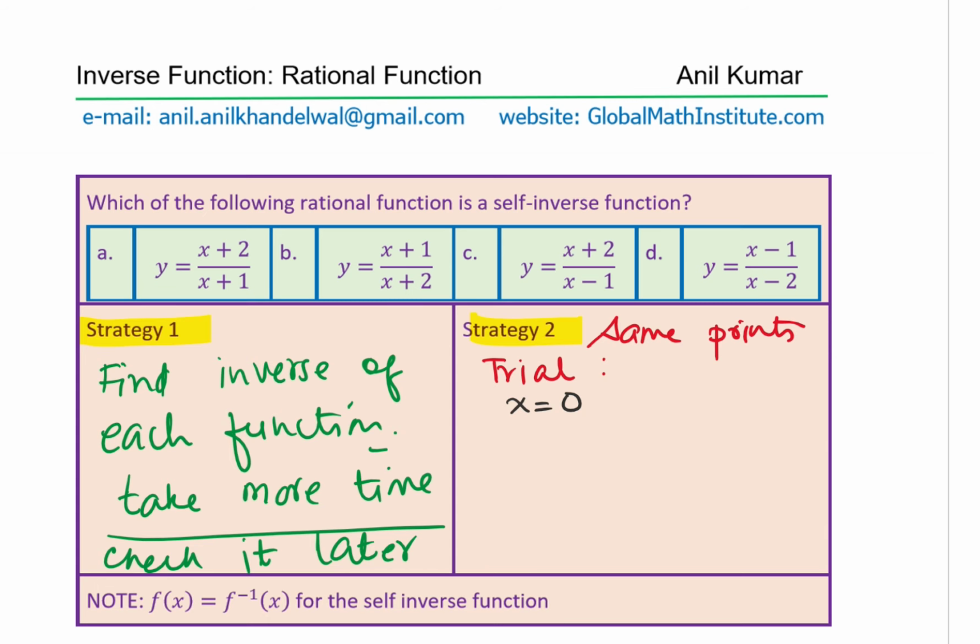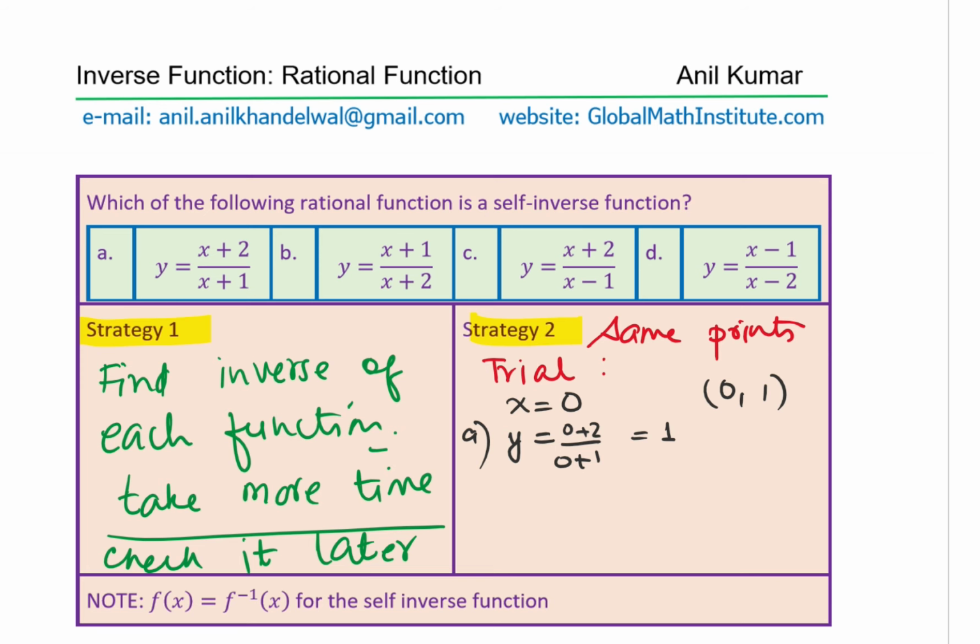Now, if I put x equals 0 in the first case, we have four examples. A, if I put x equals 0, I get y equals what? So we get (0 plus 2) over (0 plus 1), and so y is equal to 2 over 1, which is 2... you get the idea. And therefore, the point (0, 1) is on this graph.